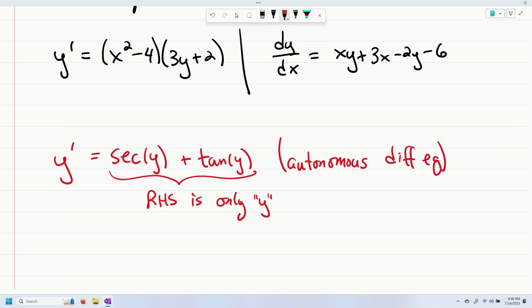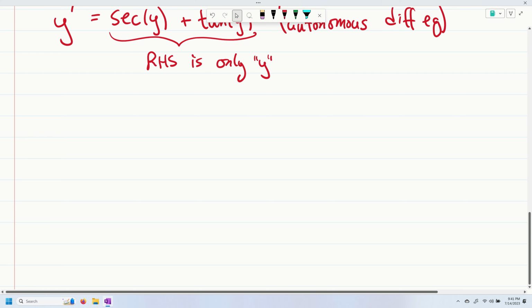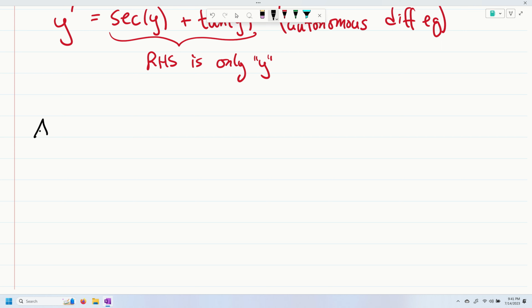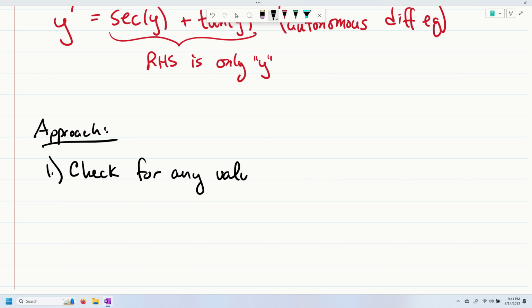Like I said, because these are very formulaic, I'm just going to write down an approach. The first thing you want to do is check for any values of y that make g of y equal to 0.